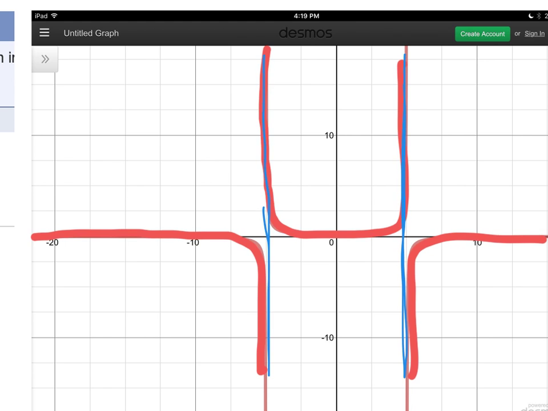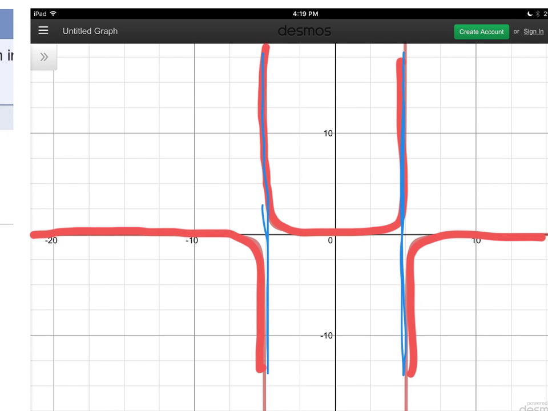Well, if you look carefully at your numbers, here's -20, -10, and 0. This spot right here, that disconnect, happens at -5. And then the other disconnect happens right here at positive 5. So what that's saying is x is allowed to be anything down here on the negative side, except it's not allowed to be negative 5.